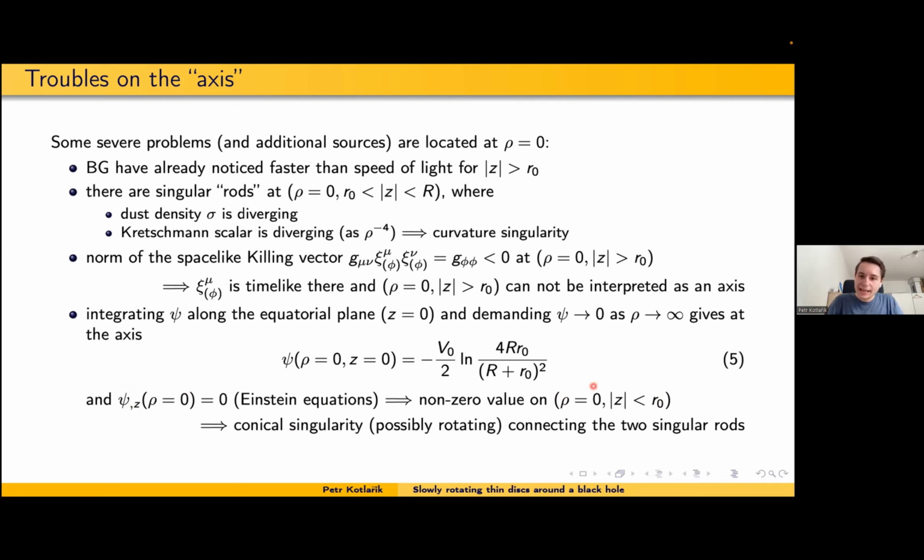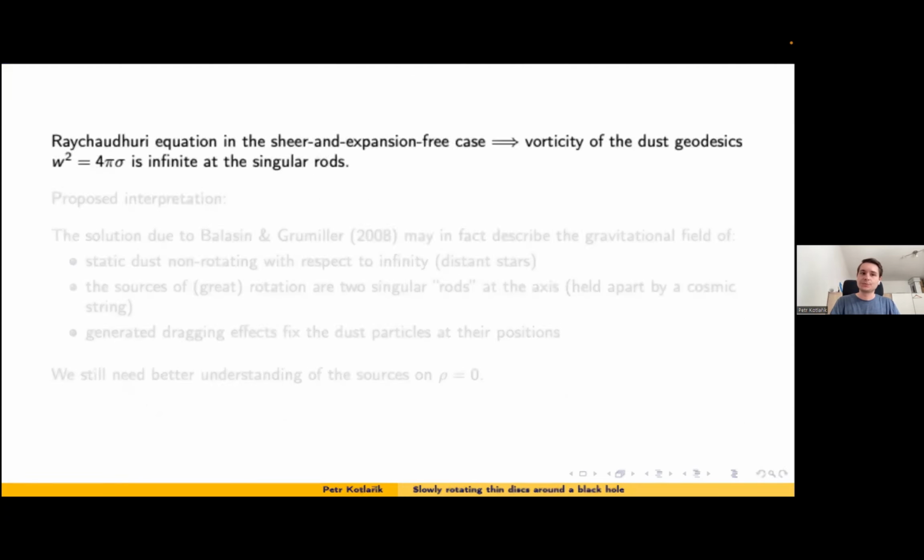But this violates the local flatness condition. So there is a conical singularity present in the middle of what is supposed to be the galaxy, connecting these two singular rods.